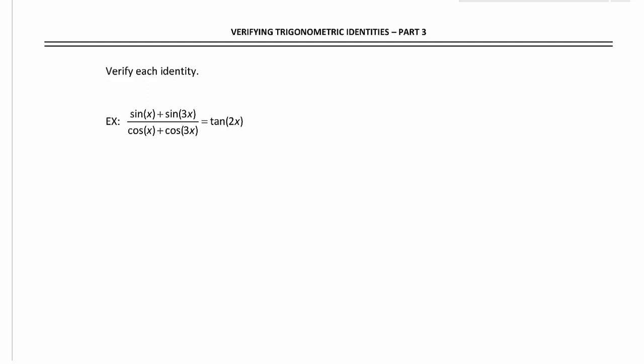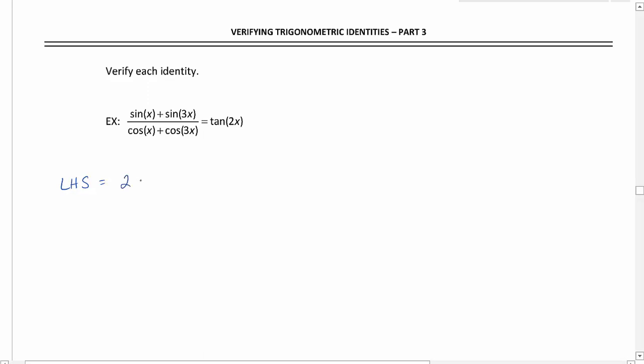So I want to go from the sum in the numerator and the sum in the denominator to a single term plus change the argument. Well, our sum to product formulas will accomplish that for us. Starting with the left-hand side, we want to use our sum formula for sine plus sine.